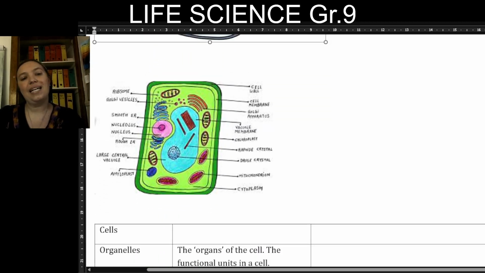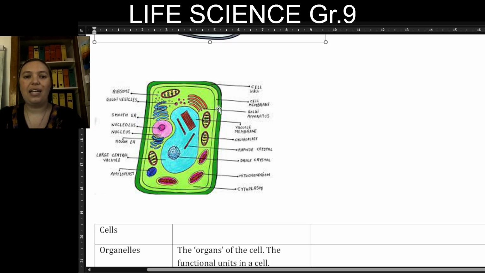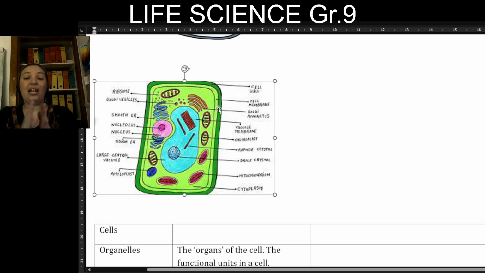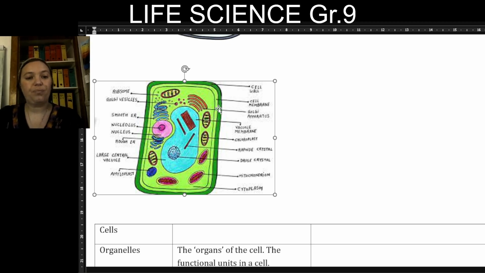Here we've got exactly the same things in the plant cell. The big difference is this thick green thing on the outside is the cell wall, which we didn't have with the animal cell. The animal cell had the cell membrane. The plant cell also has a cell membrane, but around it is the cell wall.